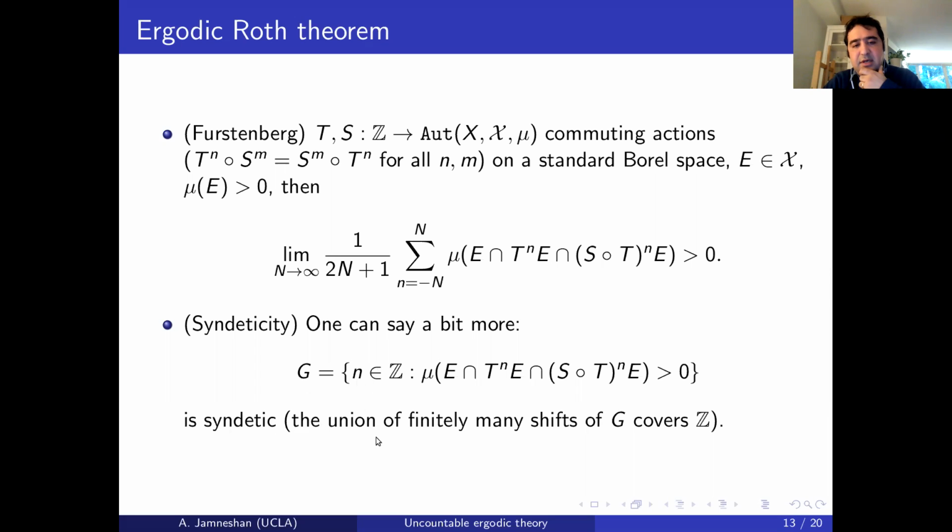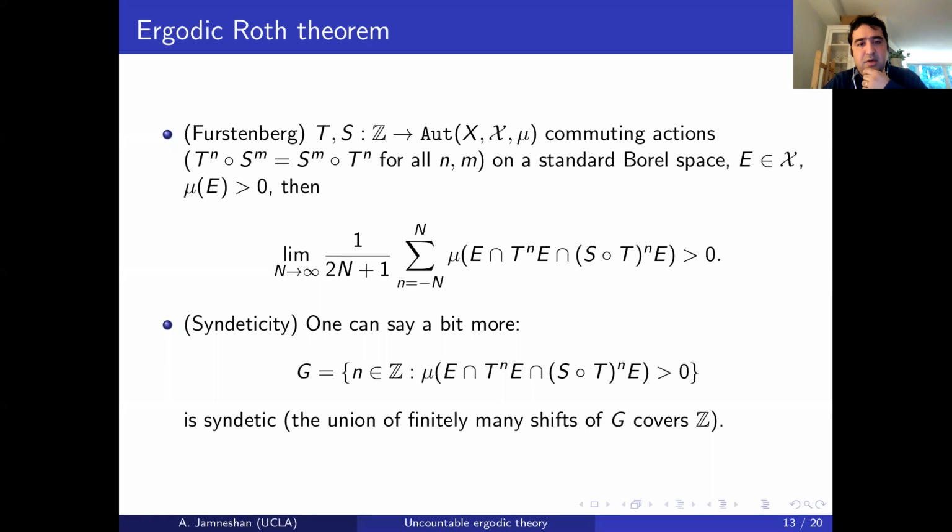What that means is that there are only bounded gaps between those times, or that the union of finitely many shifts of that set already covers the whole integers. So this is a classical ergodic Roth theorem, and by the Furstenberg correspondence principle, one can also deduce from this ergodic Roth theorem the Roth theorem about the integers, that any dense subset of the integers admits three-term arithmetic progressions.